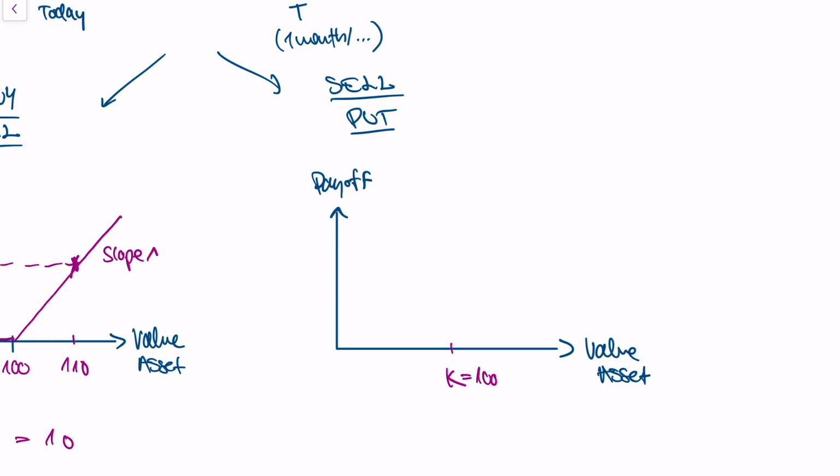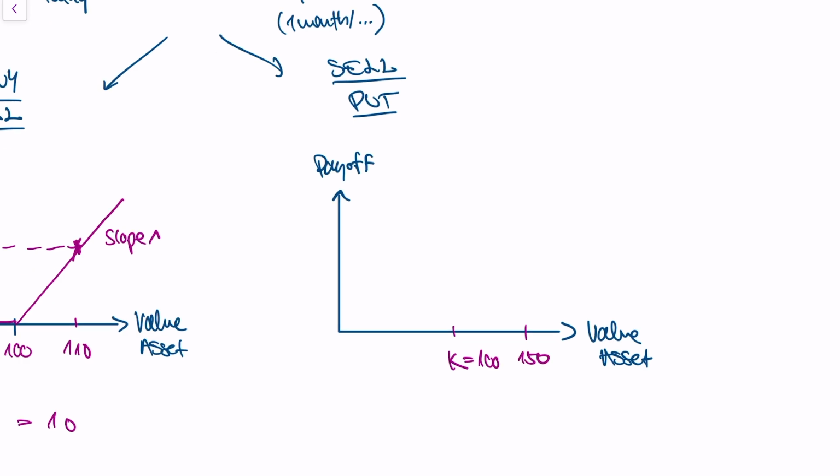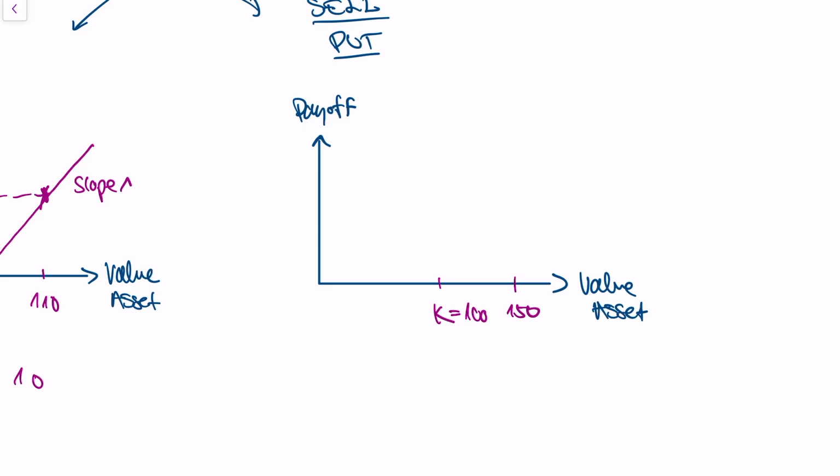So let's say that our Apple share is at 150 at the time my option is due. So this means I can sell my asset for 100 through my option, or I can sell my asset for 150 on the market. So in other words, I will sell my asset on the market, my option is worthless.